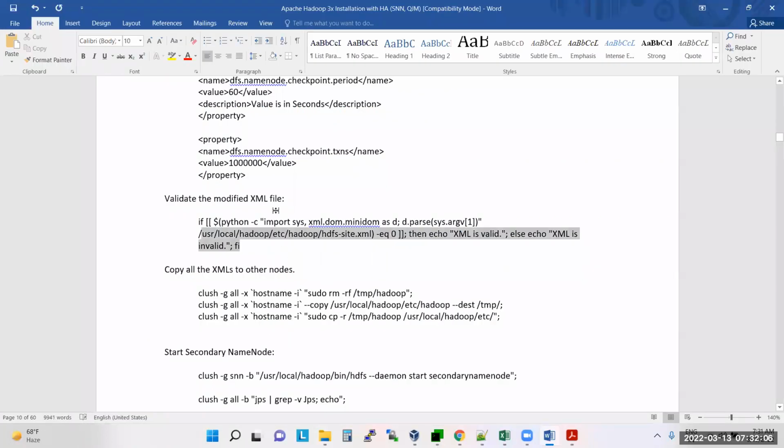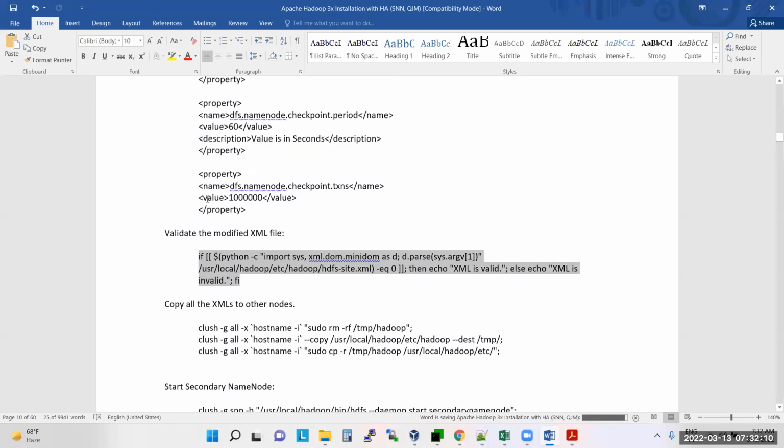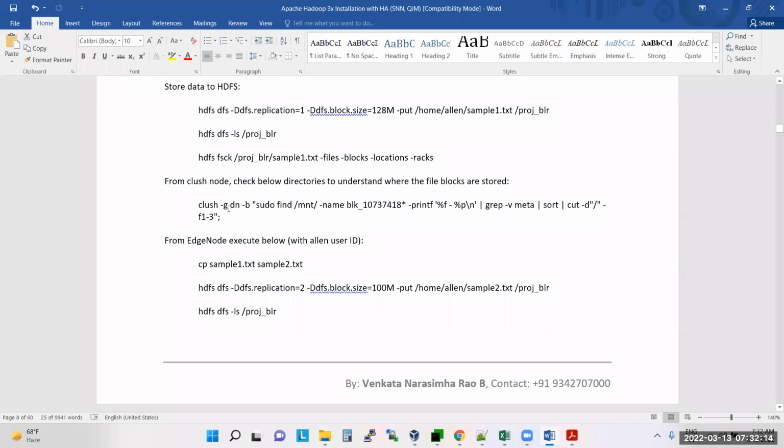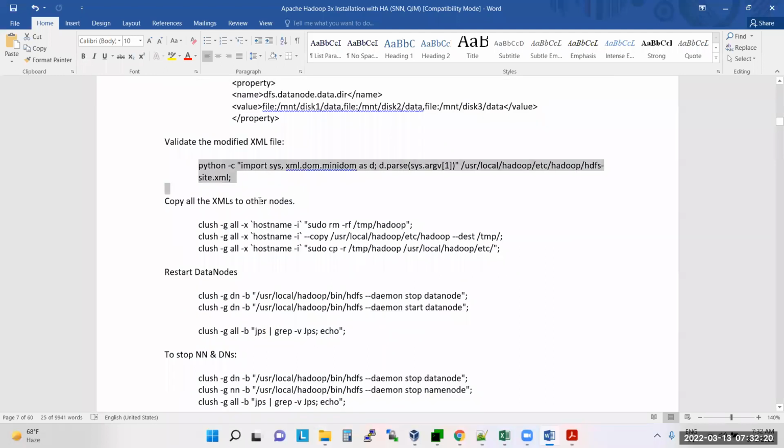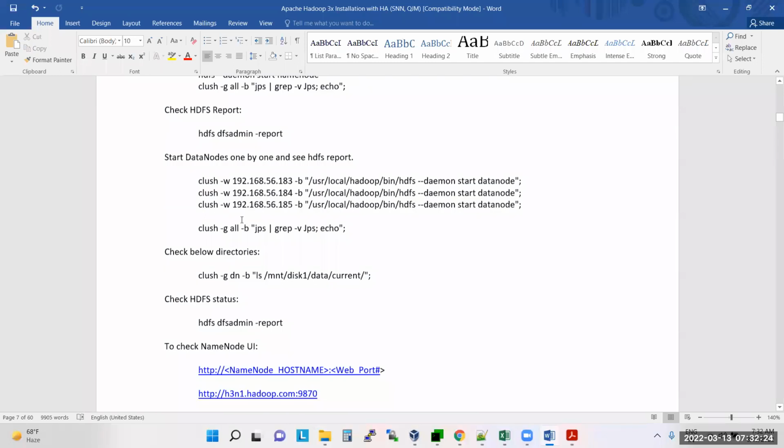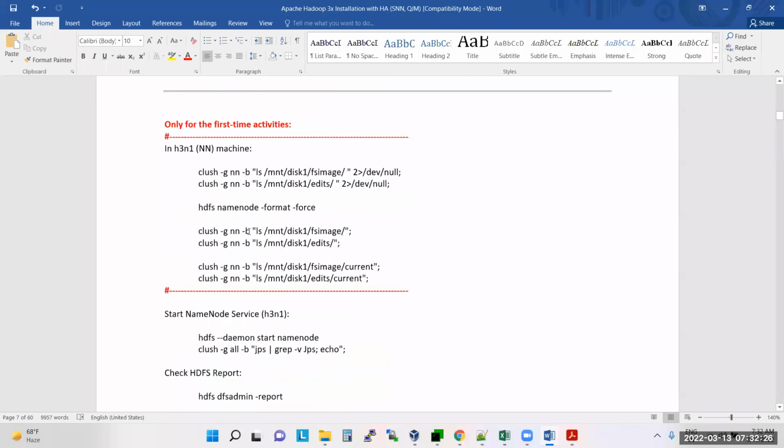The same thing, I'll put it here also. Validate XML. This is the separate XML, but here two more places. We have this one, right? Portrait XML. This is the separate XML.